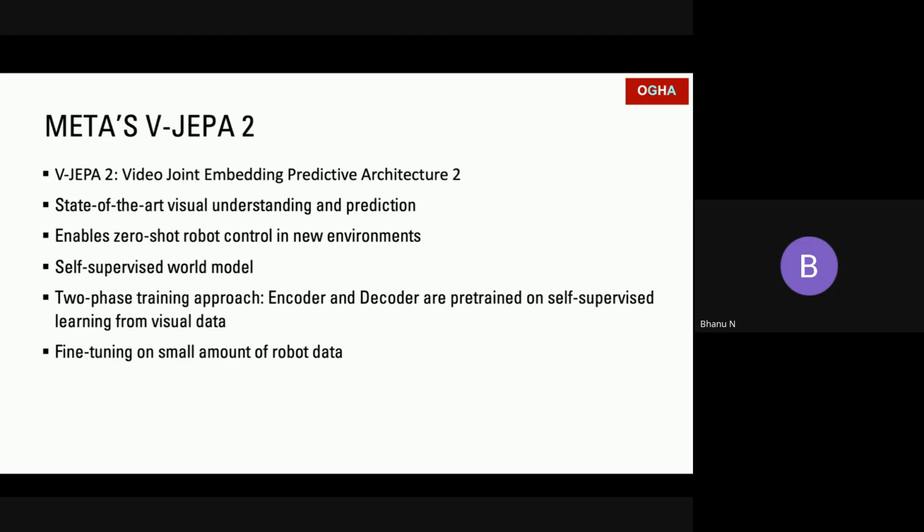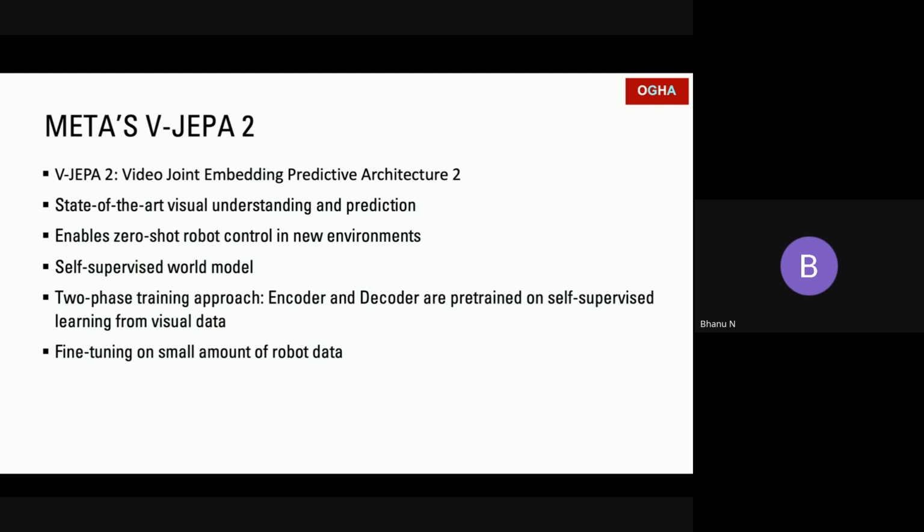And this is a self-supervised world model. So it requires a supervised model, but basically it can self-supervise itself. And there's a two-phase training approach to come up with this. First they pre-train, and the encoder and decoders are pre-trained on self-supervised data. For example, for V-JEPA 1, I think they tried 300 million parameters.